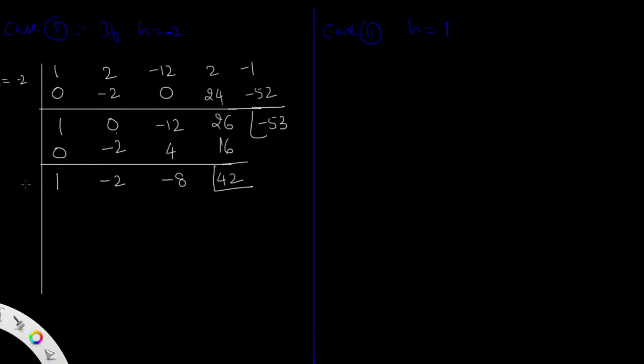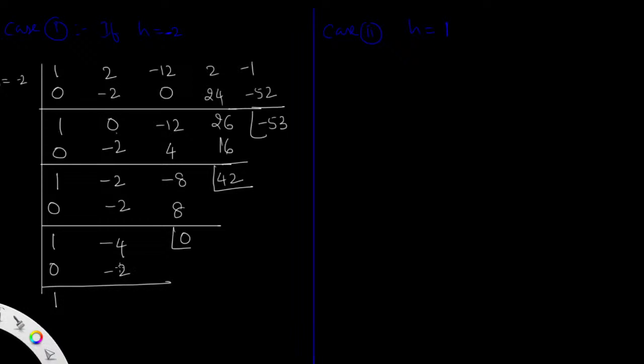This has a remainder. Again starting with 0 and writing 1, and 1 into minus 2 is minus 2, then minus 4 into minus 2 is 8, then it comes to 0. Then 1 into minus 2 is minus 2, which becomes minus 6. So these are a0, a1, a2, a3, a4.